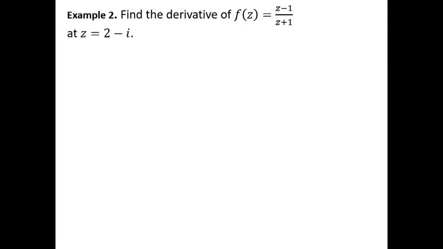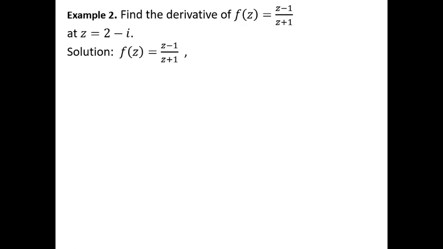Another problem. Find the derivative of f(z) = (z minus 1) divided by (z plus 1) at the point z = 2 minus i. First we write the f(z) value. In the previous problem f(z) was in the simplest form, but here we have z minus 1 divided by z plus 1.